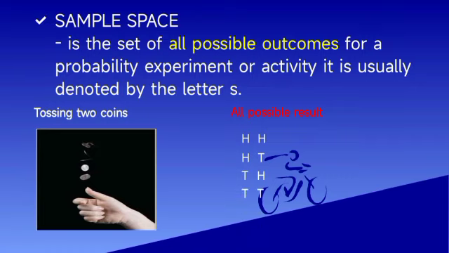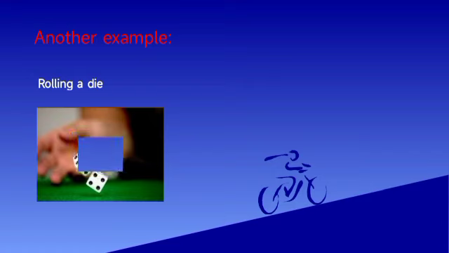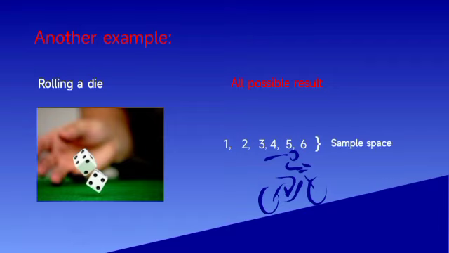So these are the set of the sample space. Okay, another example. When you are rolling a die, all possible results of rolling a die are 1, 2, 3, 4, 5, 6. So these numbers are denoted by S or the sample space.